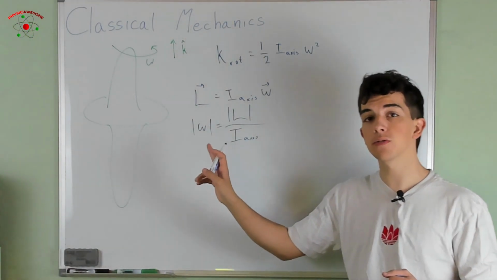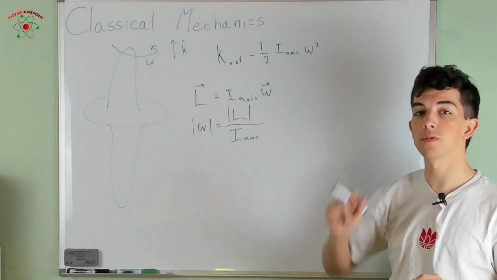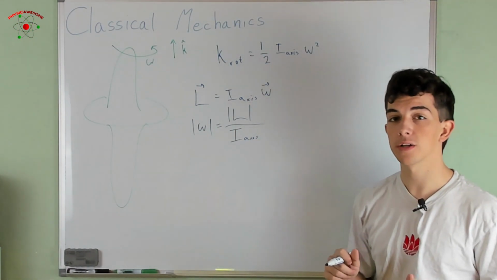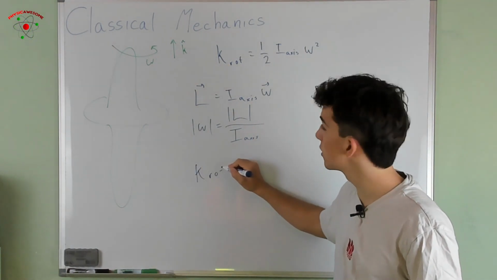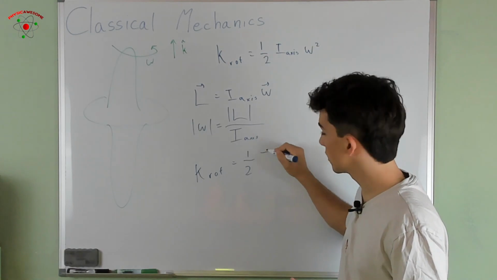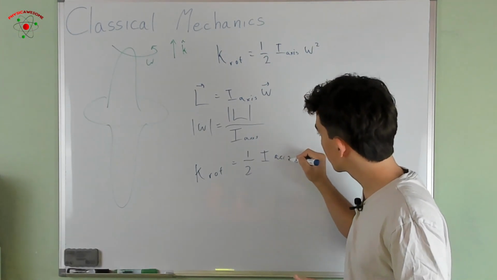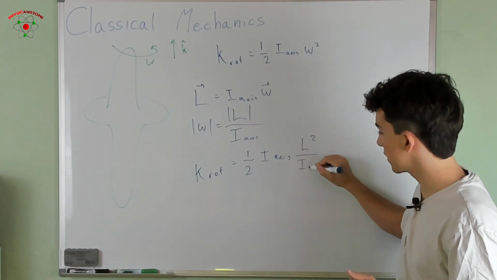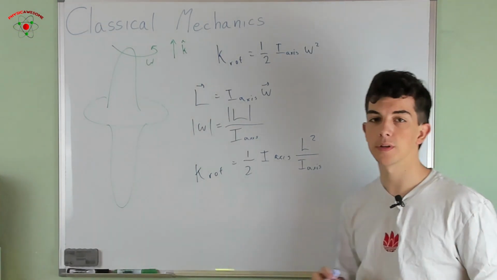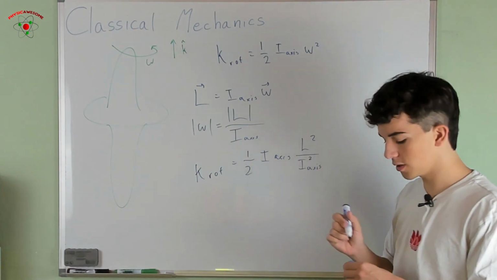Therefore, we can substitute this expression into our expression of the rotational kinetic energy, and we find that K rotational equals 1/2 times the moment of inertia times L squared divided by the moment of inertia on the axis squared.